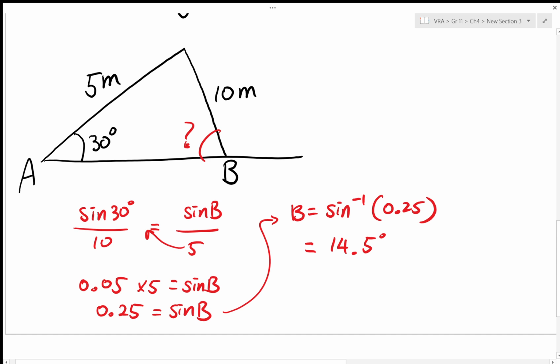To be exact, it's 14.4775, and so on. I just rounded. Now, 14.5 degrees is an acute angle because it is between 0 and 90. Therefore, there are two triangles.